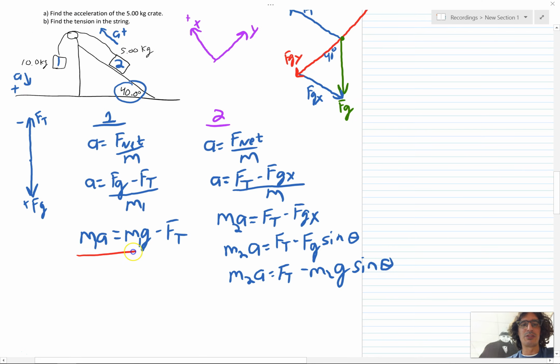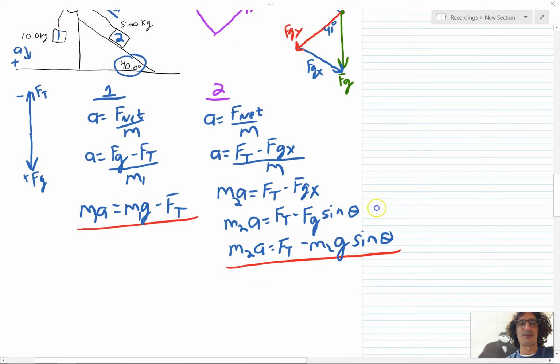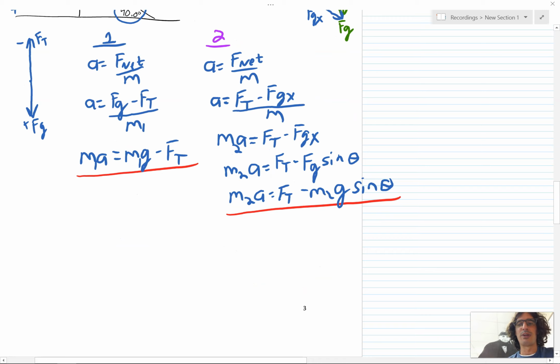M2A equals FT minus M2G sine of theta. We have two equations. M1A equals M1G minus FT. M2A equals FT minus M2G sine of theta. And what we want to find are either, both but not at the same time, the acceleration and the tension force. We have three options.